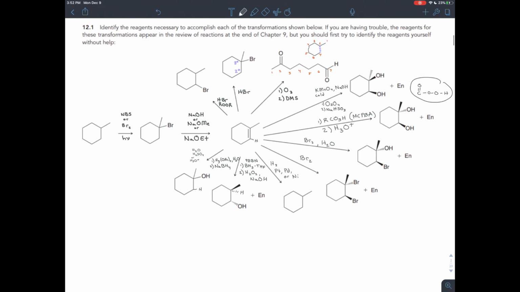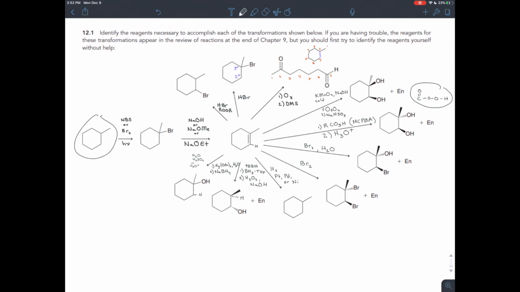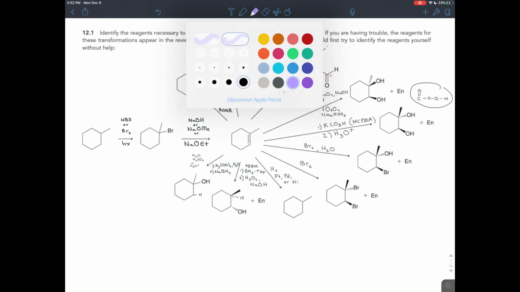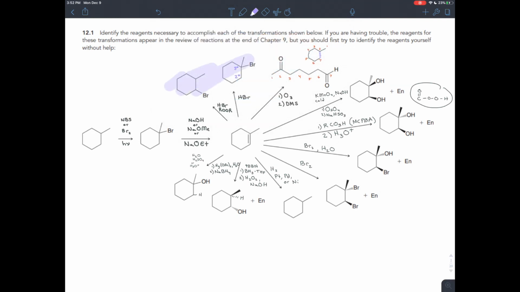So what we've seen in this exercise is that we can start with a molecule that's barely reactive at all, do a radical reaction to put a halogen on it. Once you have the halogen on it, you can do an elimination reaction. We saw that here we wanted the Zaitsev product, but you could have just as well gotten the Hofmann product if you wanted. And then crucially, once you have an alkene, the world of addition reactions is open to you.